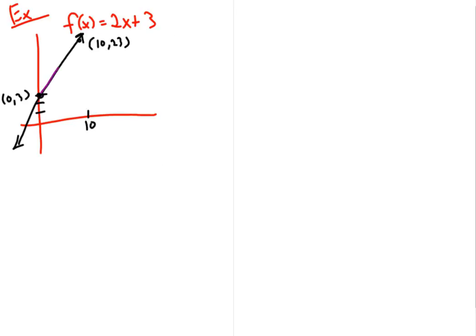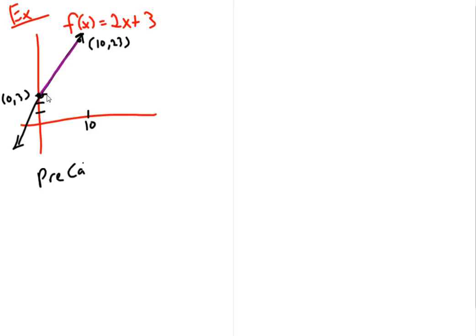So here is a very straightforward function, f of x equals 2x plus 3. Sorry, it's not very accurate here, but we do have a y-intercept of 3. At an x value of 10, we are at a y value of 23. So we've got two points here, (0, 3) and (10, 23). Let's say we want to figure out the length of this curve.